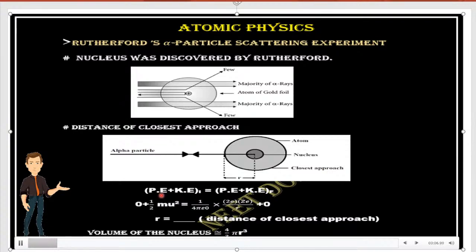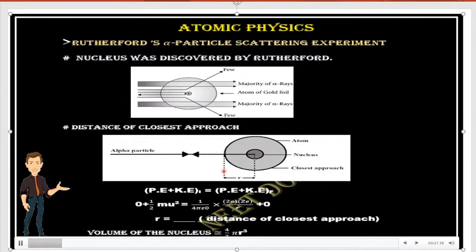Initially, it has potential energy 0 and kinetic energy, and finally it has potential energy 1 by 4 pi epsilon naught Ze square by r, because we are finding the energy using electric potential energy, plus zero kinetic energy because it is simply repelling back. By solving this equation, we will get r, the distance of closest approach.